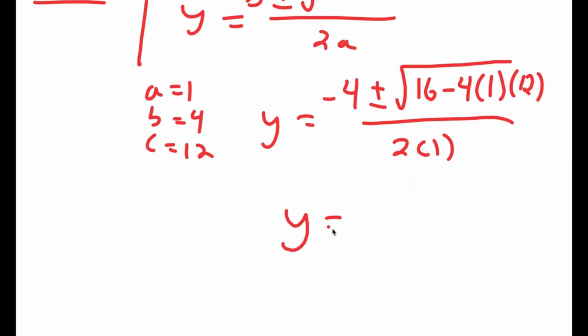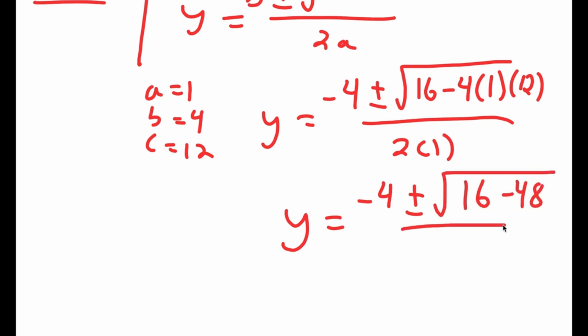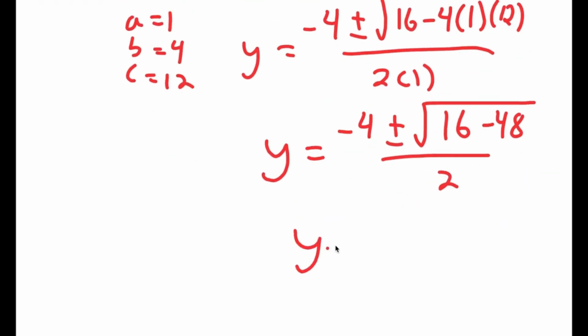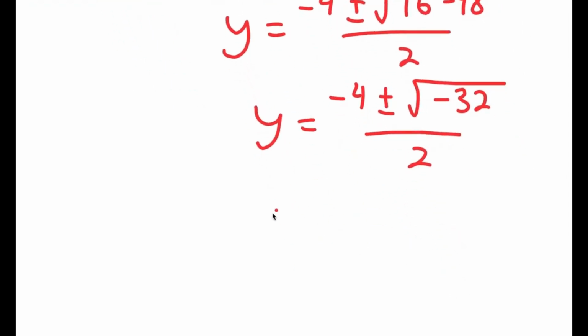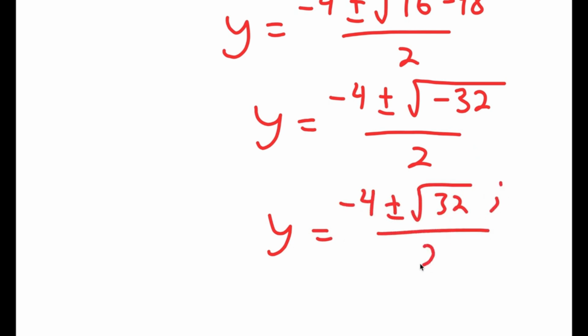And this is equal to negative 4 plus or minus the square root of 16 minus 48 over 2, which is equal to negative 4 plus or minus the square root of negative 32 over 2. And this is equal to negative 4 plus or minus the square root of 32 times the square root of negative 1, which is the same thing as i, over 2.